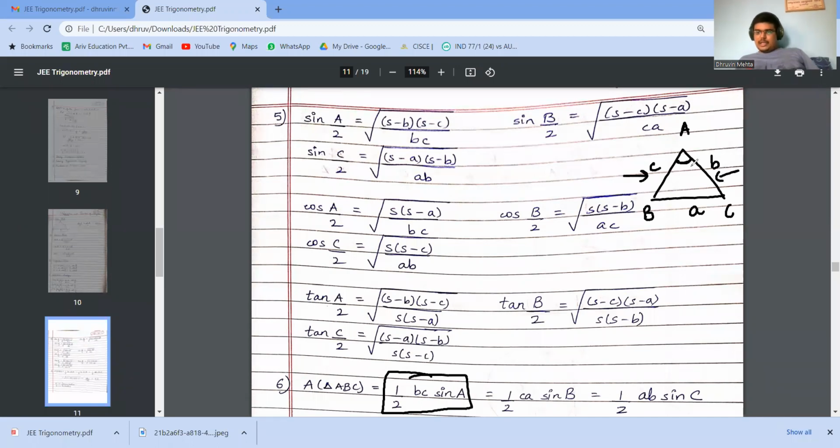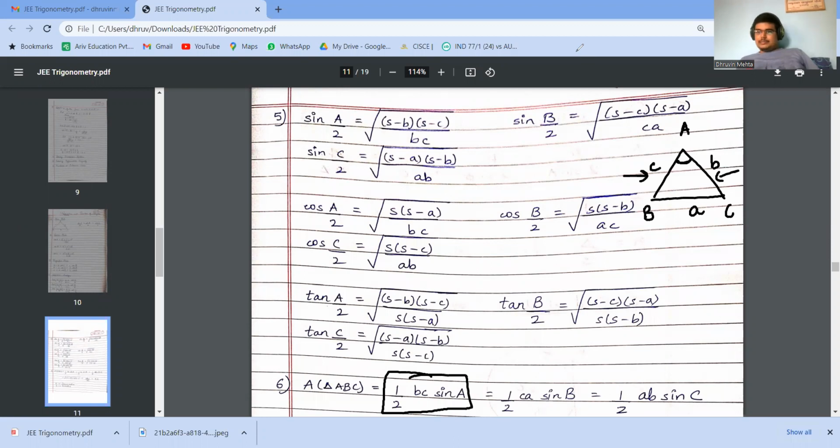Understand this carefully, guys. If you are taking b and c, which is the angle between these two sides b and c? It's A. So it's going to be half bc sine A. Similarly, half ca sine B, half ab sine C.